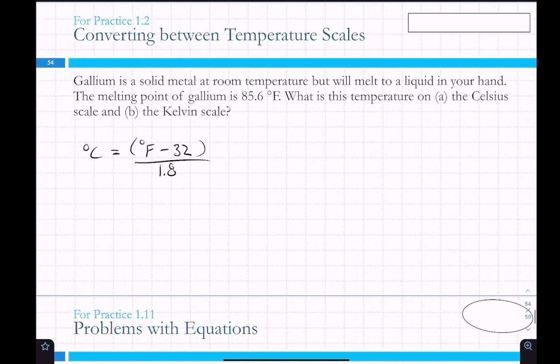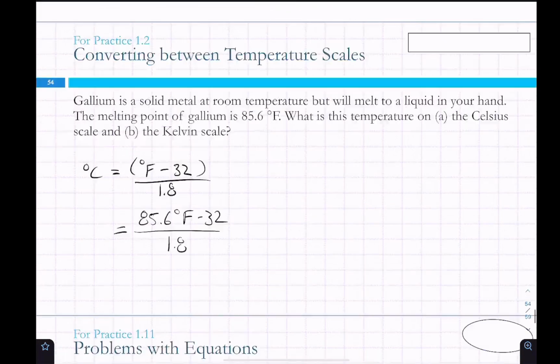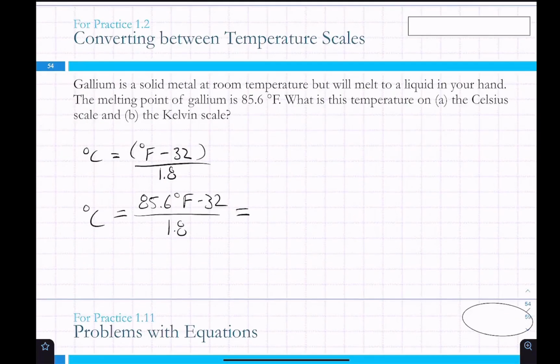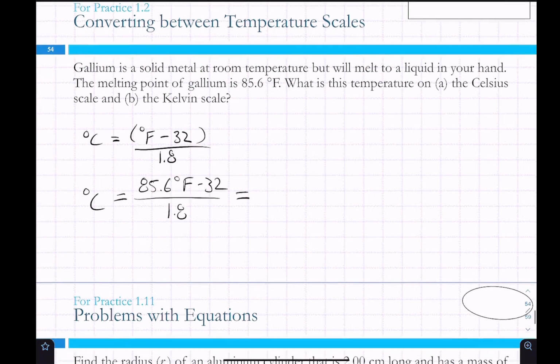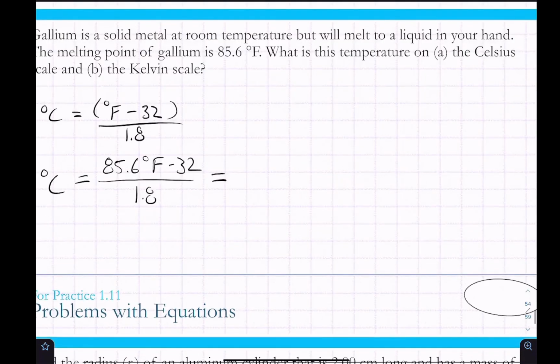So just plug and chug. 85.6 degrees Fahrenheit minus 32, divided by 1.8, equals degrees C. And notice that there's not anything going on with units here. This is a different kind of mathematical transformation. You can't just use unit analysis to get from one to the other.